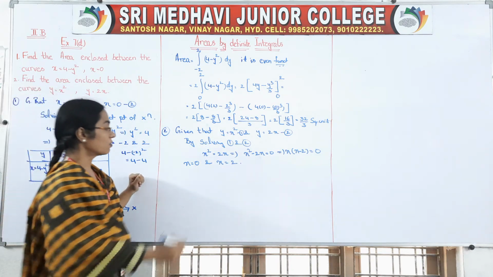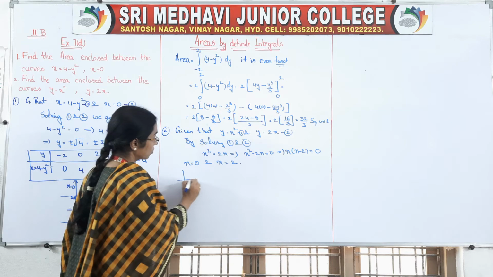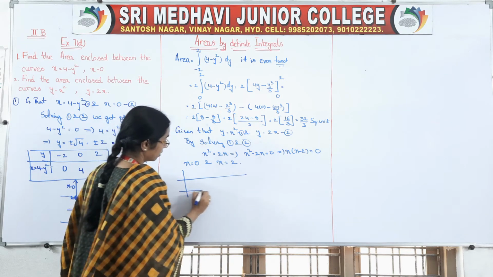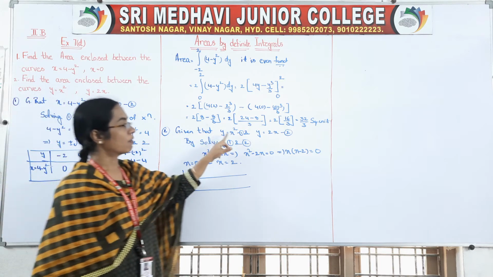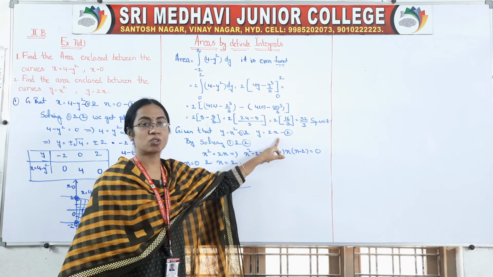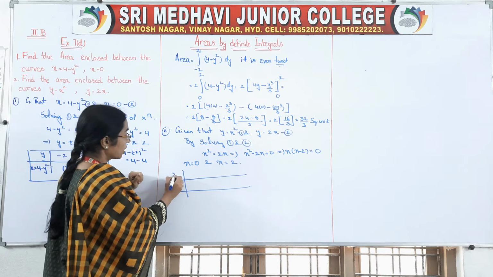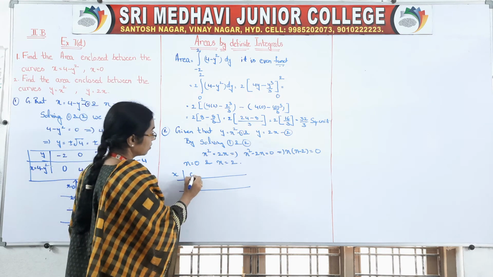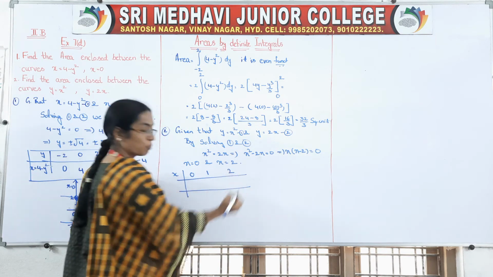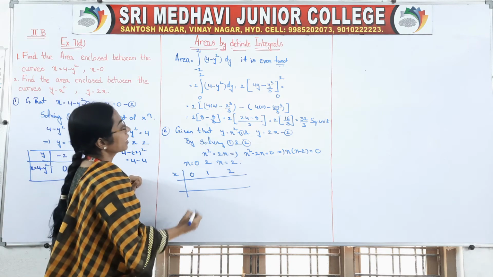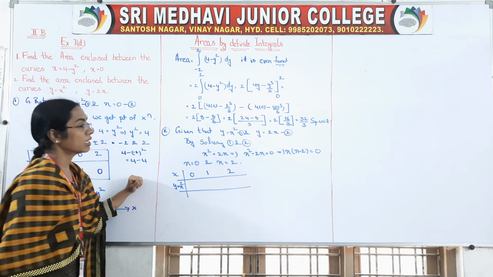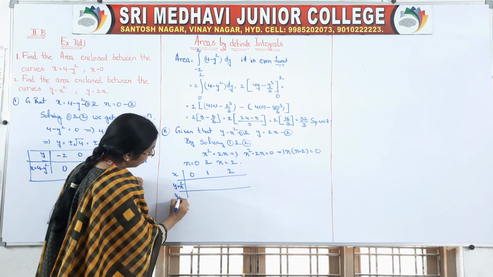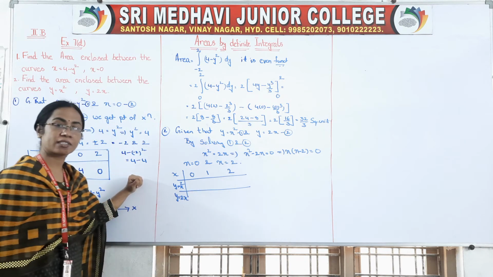Okay, so once we got x, we have to construct the table. Here two curves are there, y is equal to x square and y is equal to 2x. So you take x values 0, 1, 2. Next you take the first curve as y is equal to x square, and next you take y is equal to 2x.